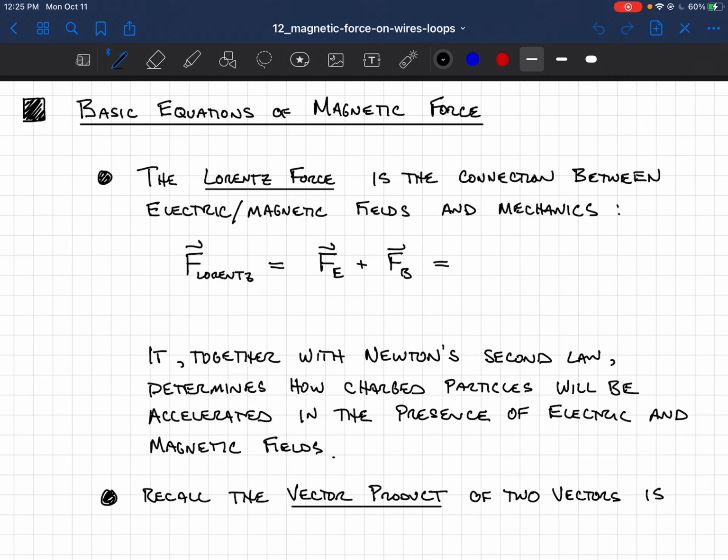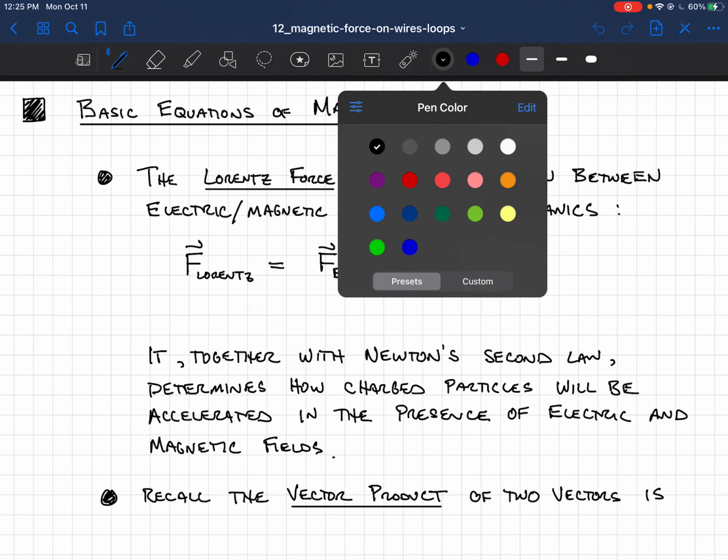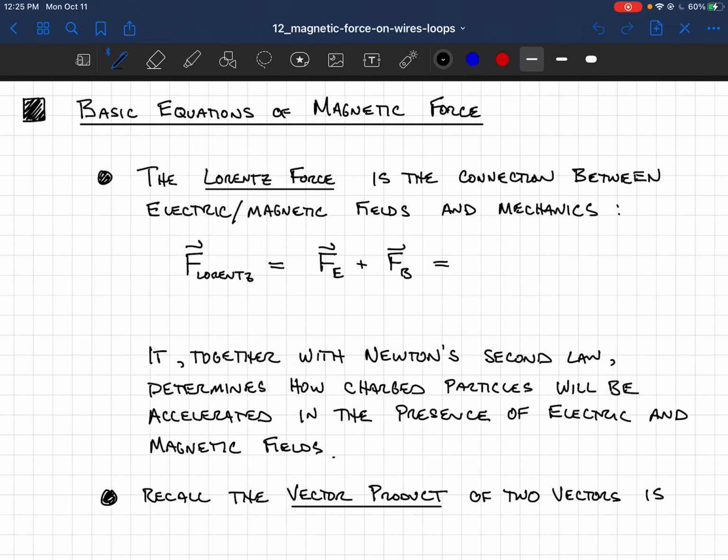So what is the Lorentz force? It's just the sum of the two forces that we've seen already. The electric force is on a charge, Q, and it's just given by Q times the electric field. And the magnetic force is also on a charge, but you only get a force if the charge is moving. So it's QV crossed together with the magnetic field vector.